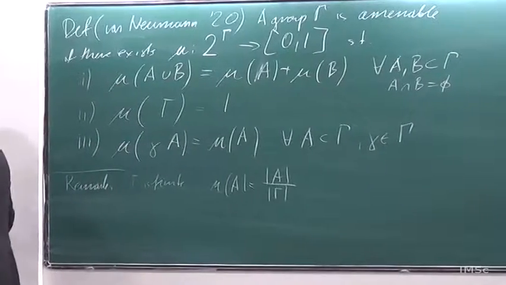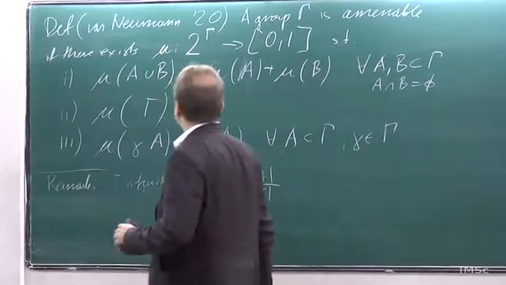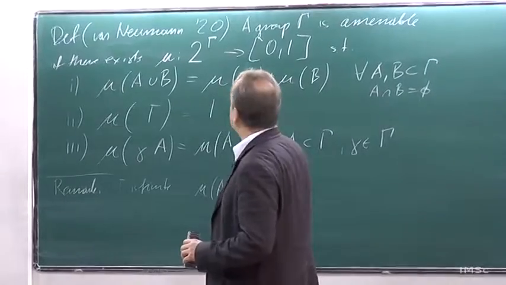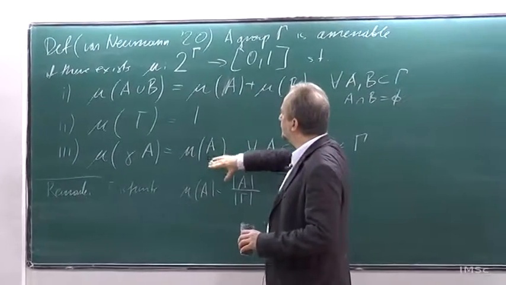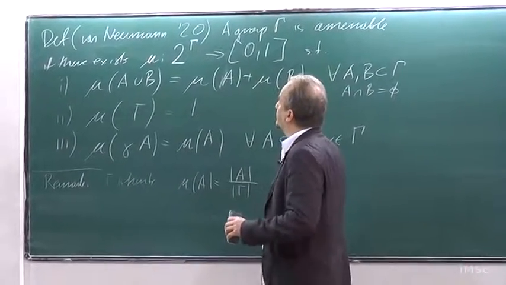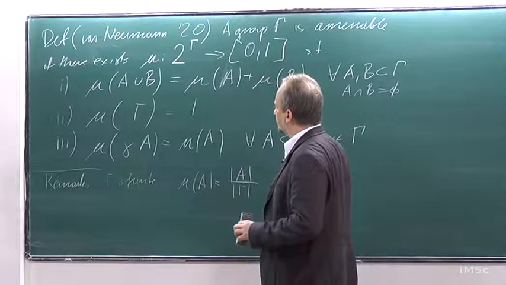Okay, so right. Let us now move to examples concerning this von Neumann definition of amenability.